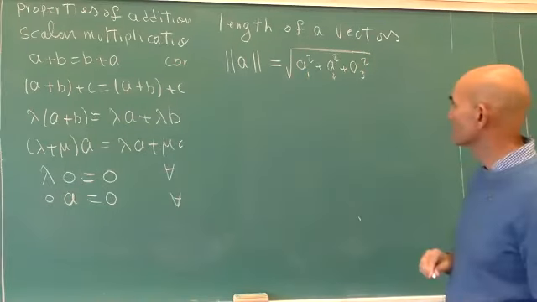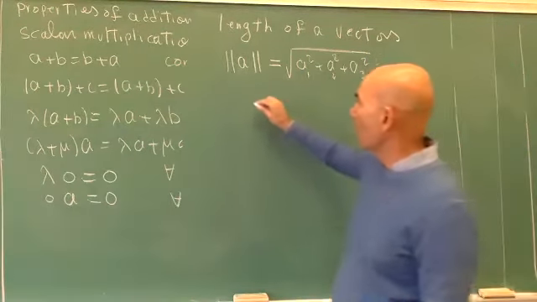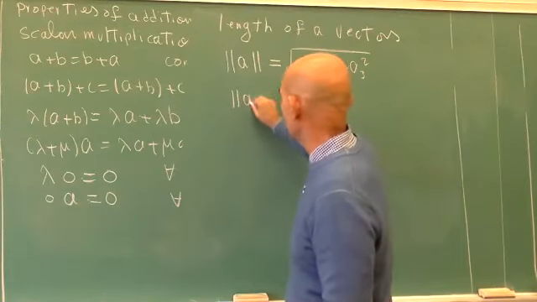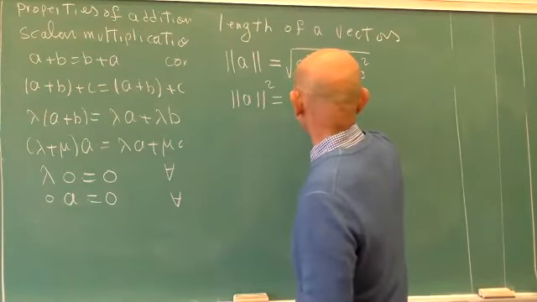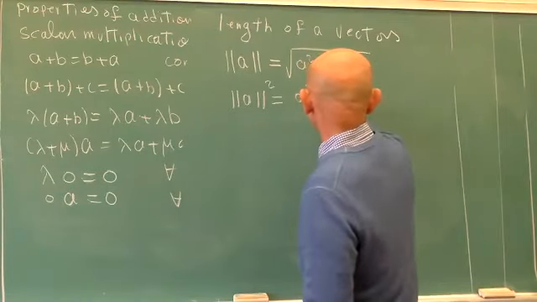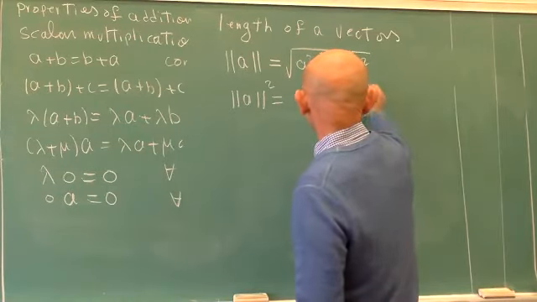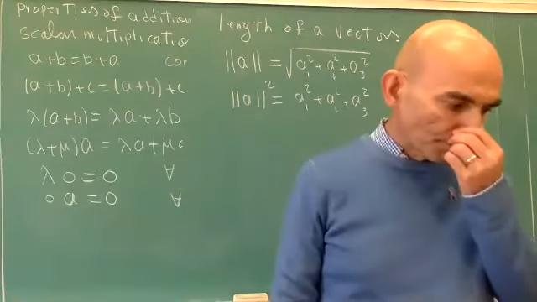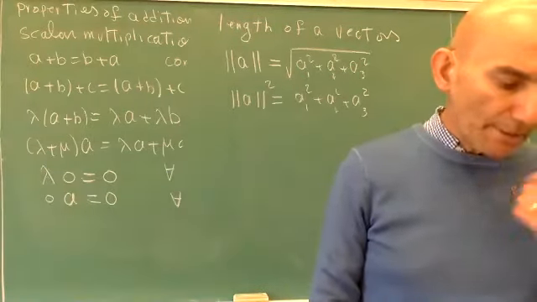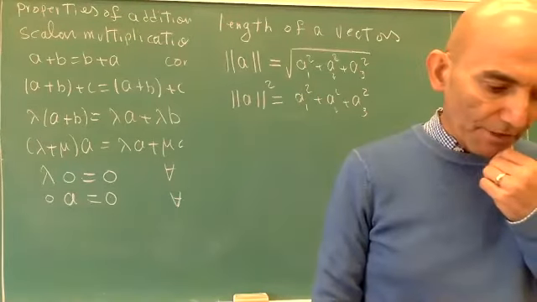Similarly, you can say norm A squared is just A1 squared plus A2 squared plus A3 squared. So that's the idea of length of a vector.